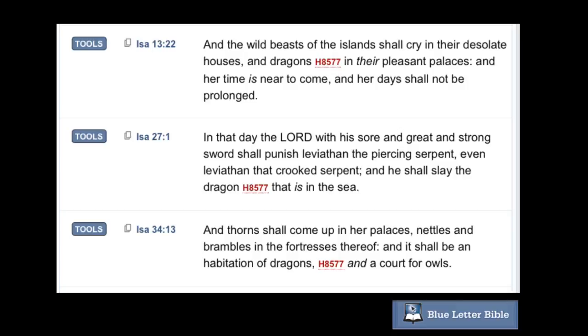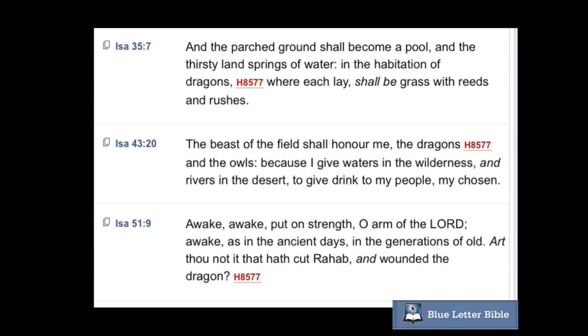Isaiah 34 verse 13, and thorns shall come up in her palaces, nettles and brambles in the fortresses thereof, and it shall be as the habitation of dragons. So there again, not whales, but dragons. Isaiah 35:17, dragons. Isaiah 43 verse 20, dragons.